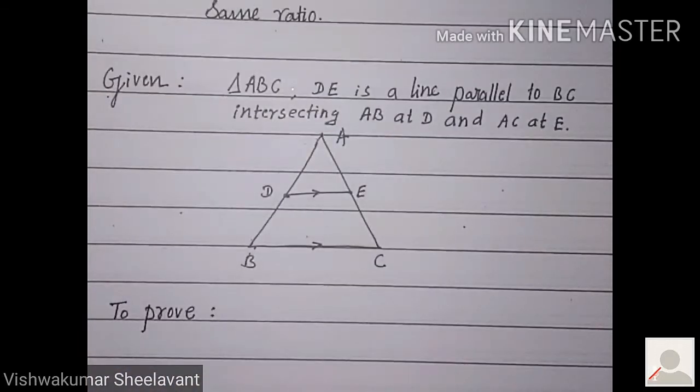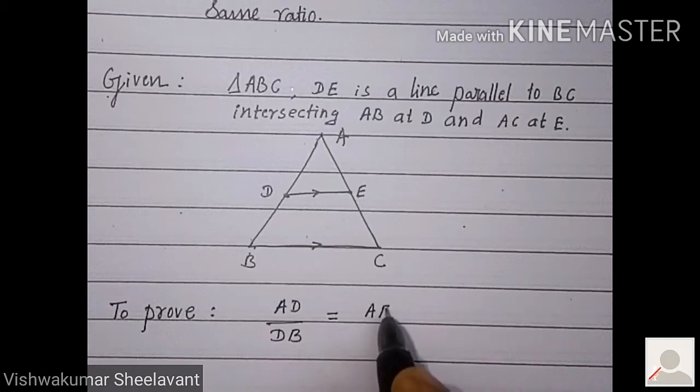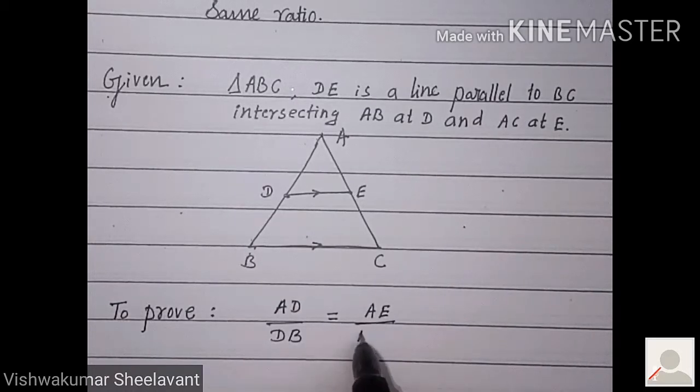This is what we have to prove. So to prove AD by DB equal to AE by EC.